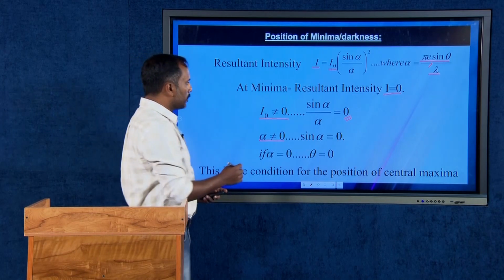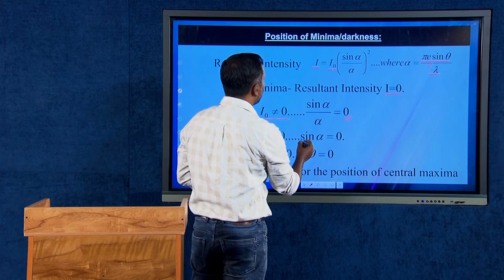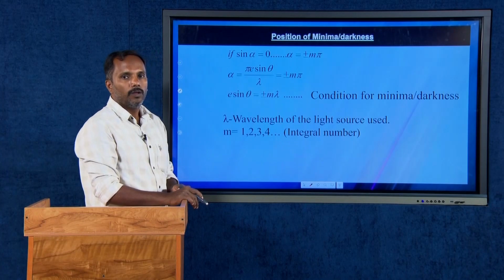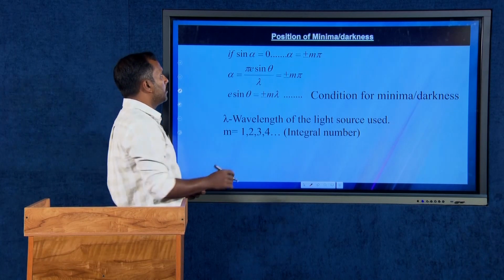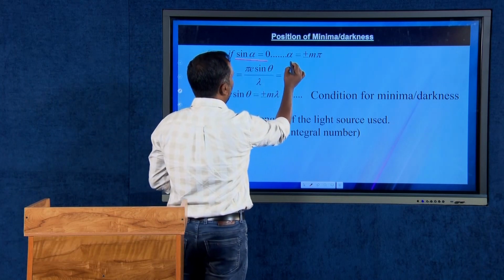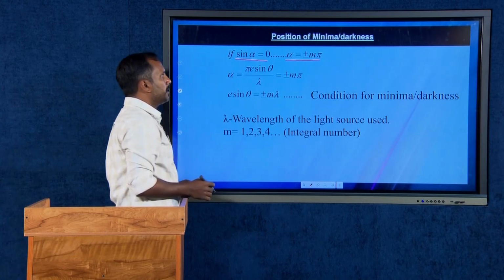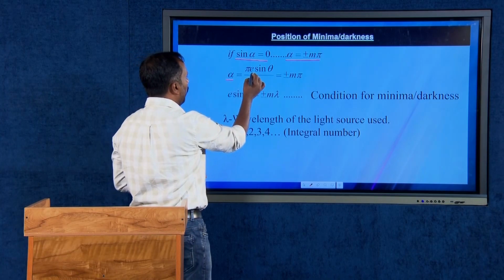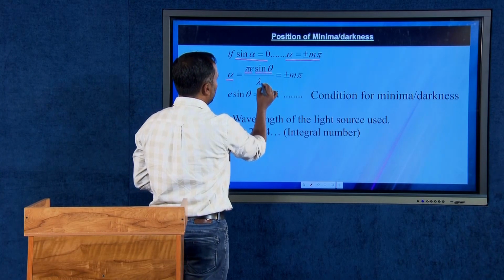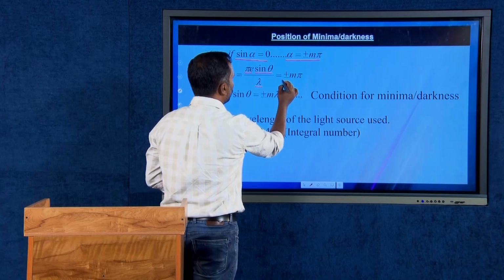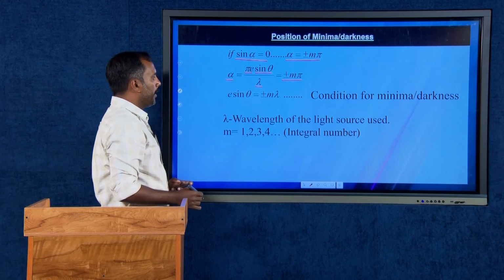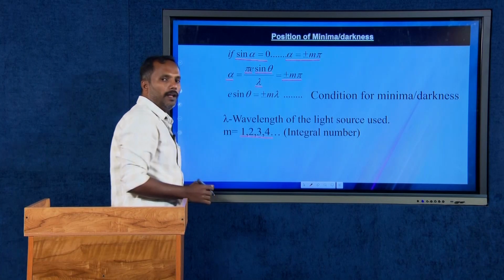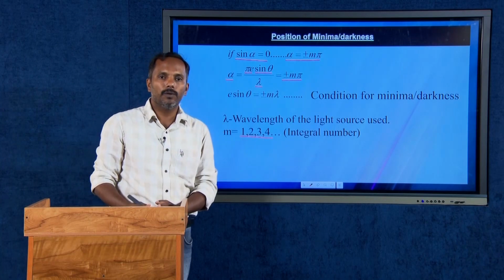Therefore, the possibility for the formation of the minima is that sin alpha shall be 0. If sin alpha is equal to 0, then alpha shall be plus or minus m pi. Substituting the value of alpha, pi e sin theta divided by lambda is equal to plus or minus m pi, where m is equal to 1, 2, 3, 4 etc. Here m is not 0.